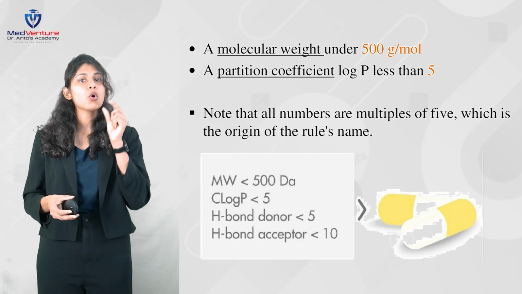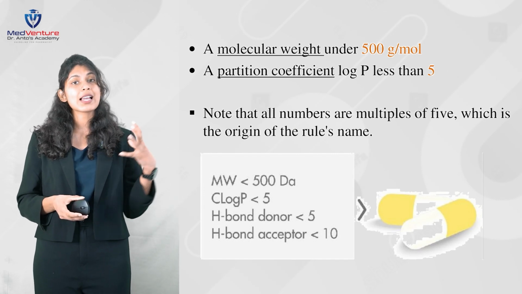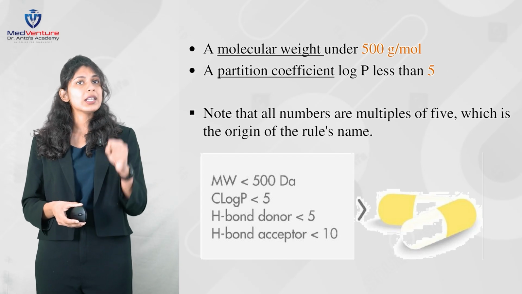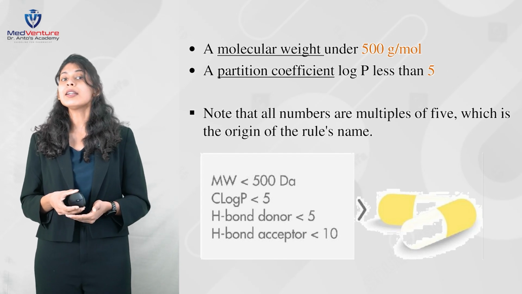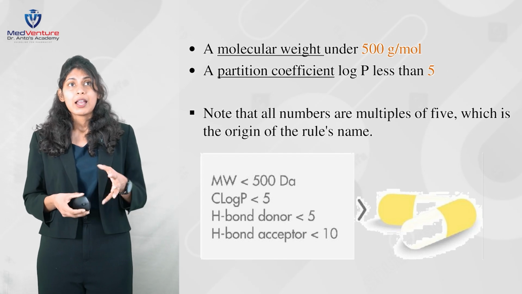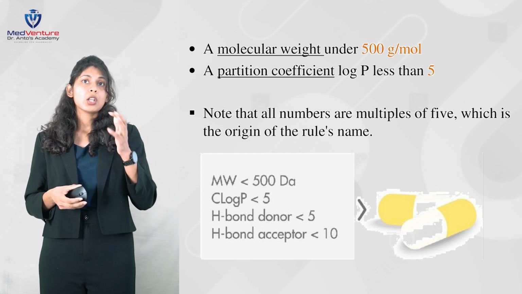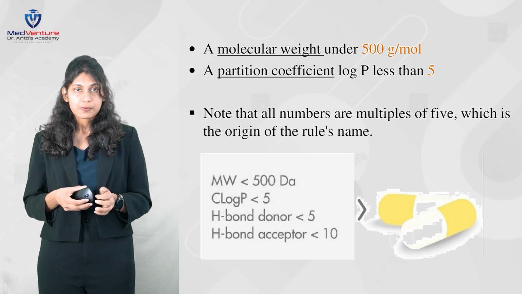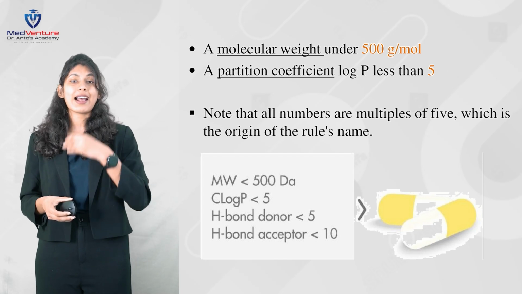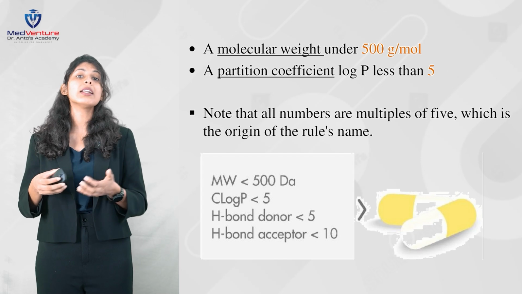Only drugs with low molecular weight are likely to be absorbed faster, so the molecular weight should be under 500 Daltons. Next is the partition coefficient: the log P should be less than 5. These are the categories an oral drug has to tick to be a well-absorbed drug.